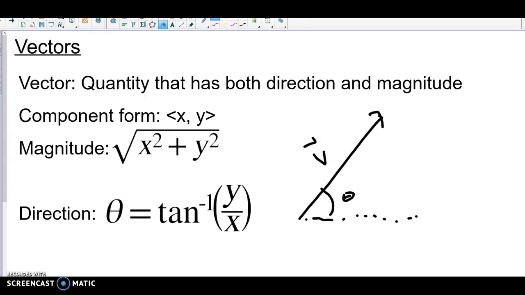This point here at the bottom, that point there is what we call our initial point. And this point here is what we call our terminal point.